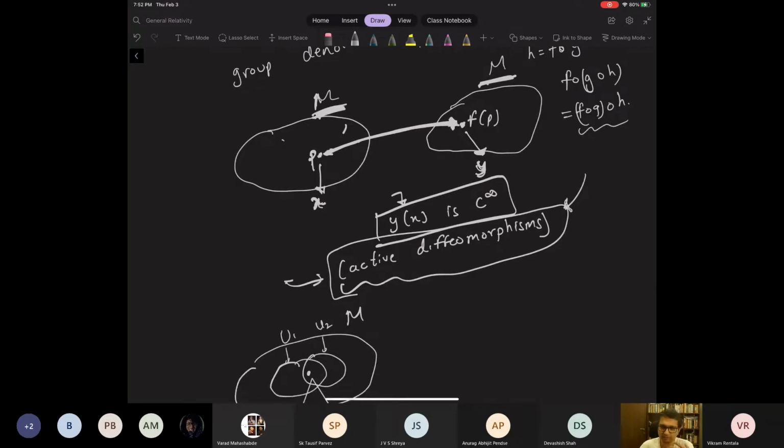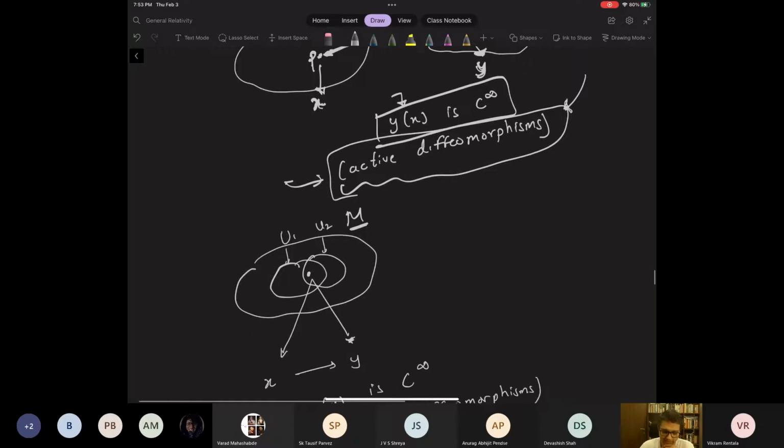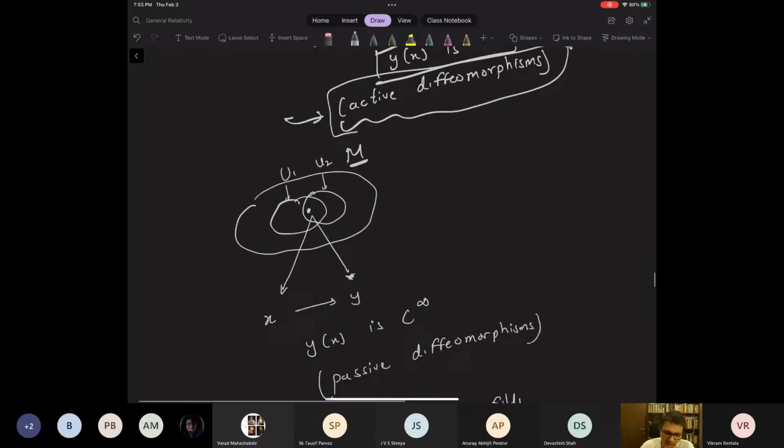There's another point of view, what we call passive diffeomorphisms. That is, you can think of just the same manifold M, but with many coordinate patches for the same point P. In two different coordinate patches, the same point has coordinates y and coordinates x.